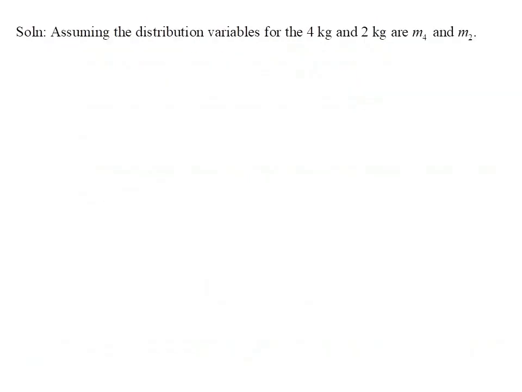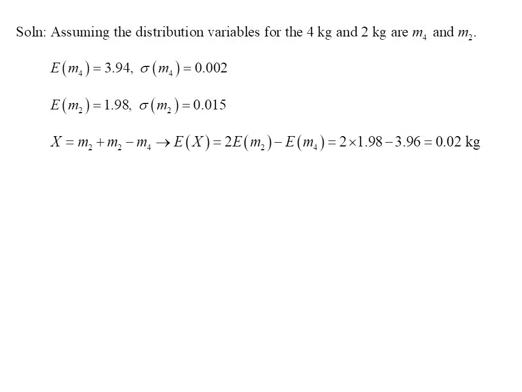We start by assuming the distribution variables for the 4 kg and 2 kg objects are M4 and M2 respectively. According to the data in the given table, E of M4 equals 3.94, sigma of M4 equals 0.002, while E of M2 equals 1.98, sigma of M2 equals 0.015. Now we assume the distribution variable X equals M2 plus M2 minus M4.